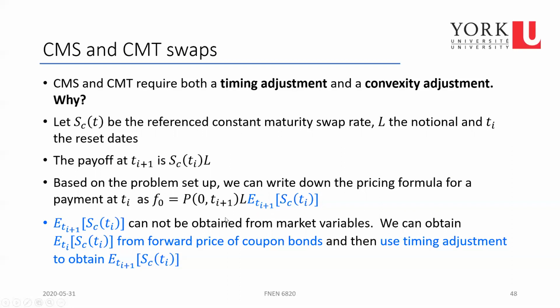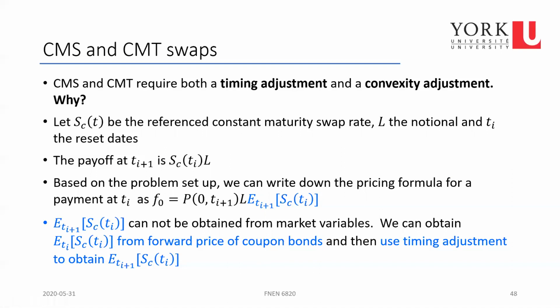Now, you don't really have that as an easily observable market variable. What you really can have is, instead of the expectation with Ti plus 1, you have the expectation with Ti, which is basically the forward price of a coupon bond.